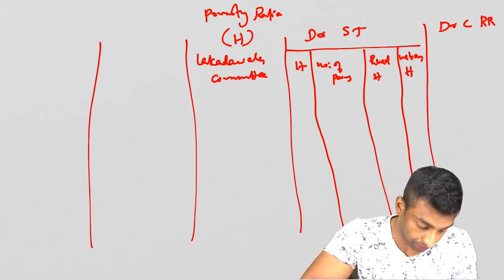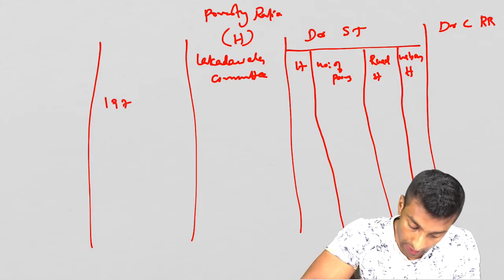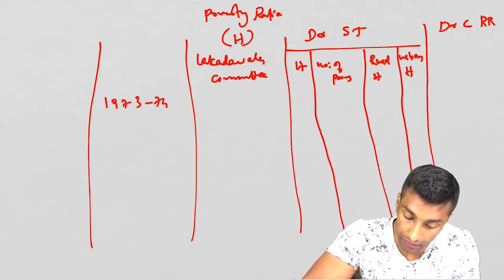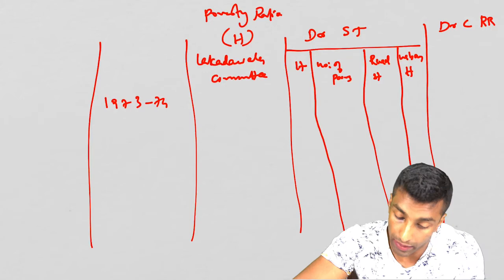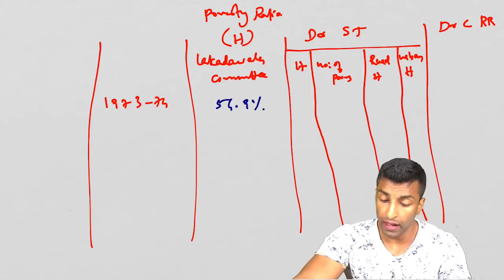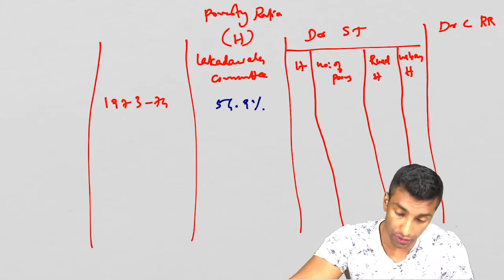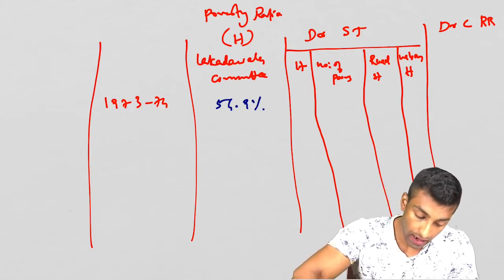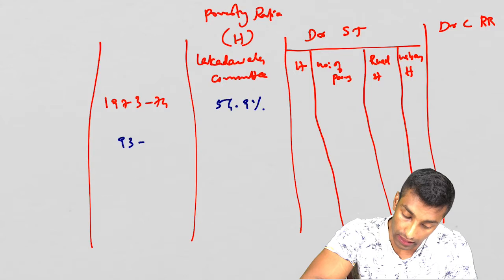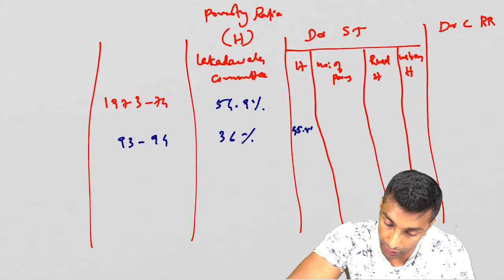The years. 1973-74, based on the Lakdawala Committee, it is 54.9% who are poor, and for 73-74 we are not calculating on the basis of Suresh Tendulkar or Rangarajan. 93-94, 36% here, and here it is 45.8%.